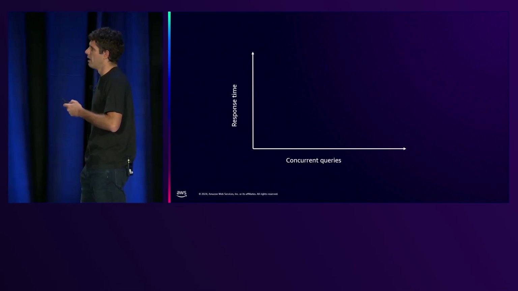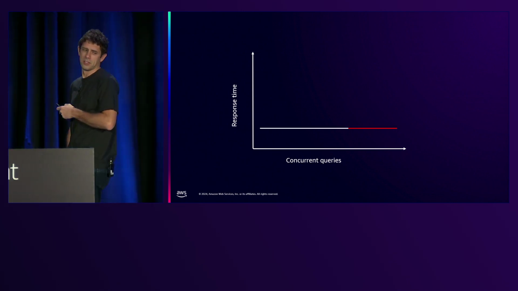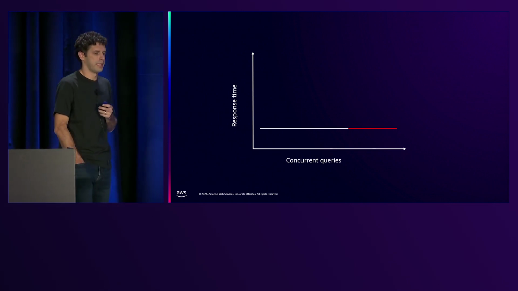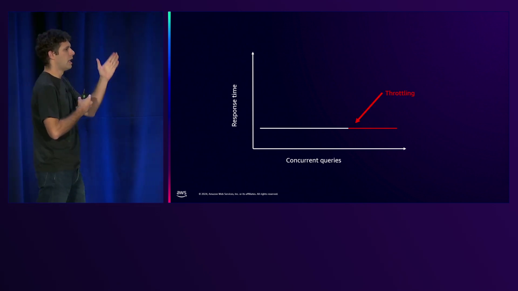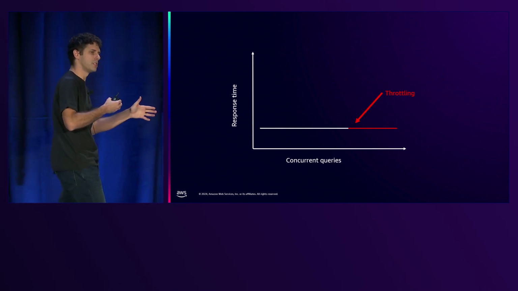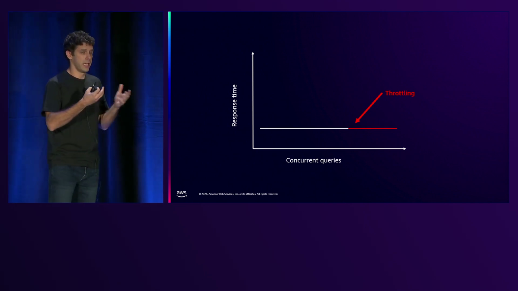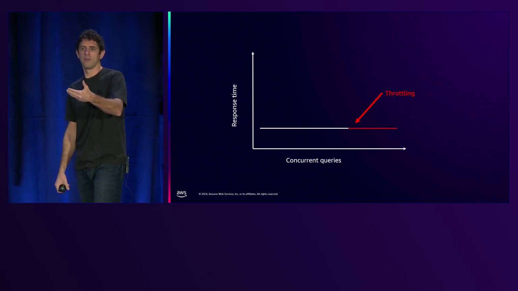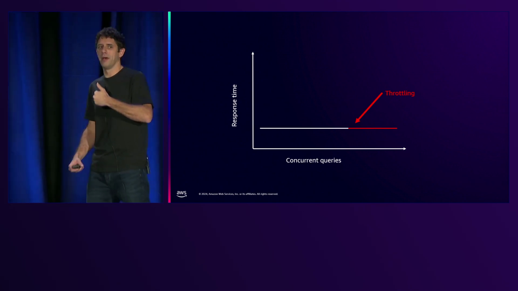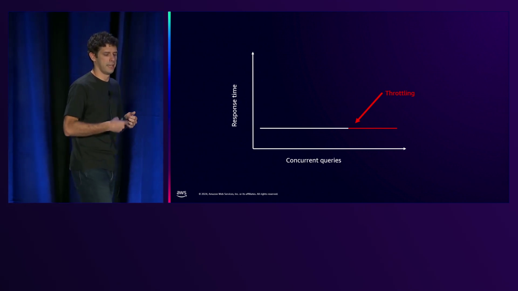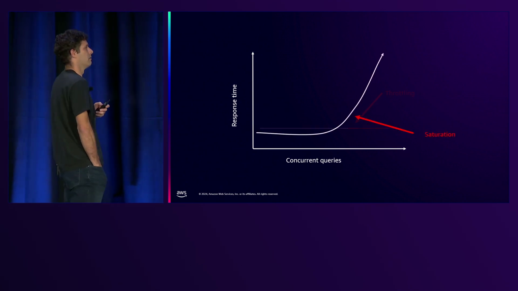Whereas with Dynamo, you still might hit the limits of your system. I'm not saying Dynamo's perfect on that sort of thing, but what you're not going to see is a spike, right? At some point, if you're exceeding the limits, either what you've provisioned or what Dynamo can handle on a partition level, you'll get throttled. But the good thing is you still have that same response time back to you. You'll just get an error back saying, try again next second when you have some more capacity available, right?